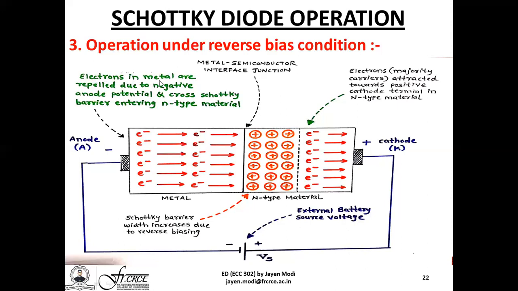The electrons in the metal are repelled due to the negative anode potential, and they cross the Schottky barrier and enter the n-type material. The electrons, which are the majority carriers in the n-type material, are attracted towards the positive cathode terminal. So we get a slight increase in the Schottky barrier width due to the reverse bias conditions.